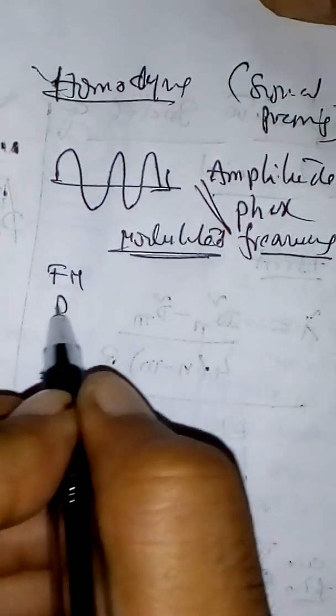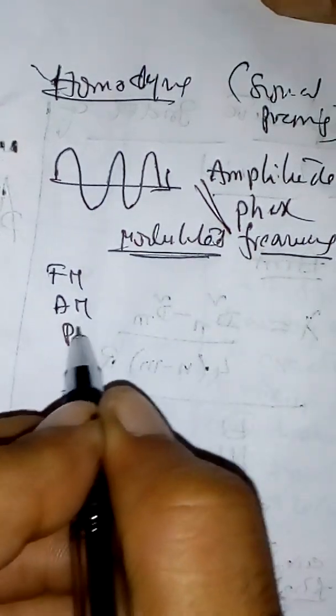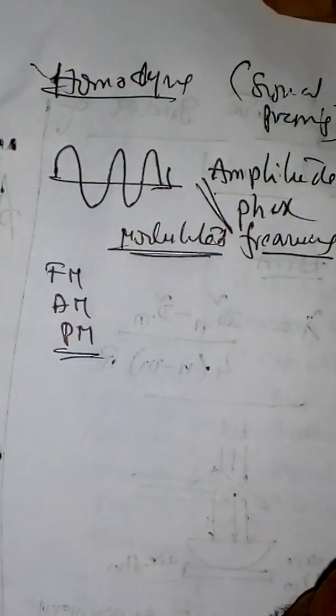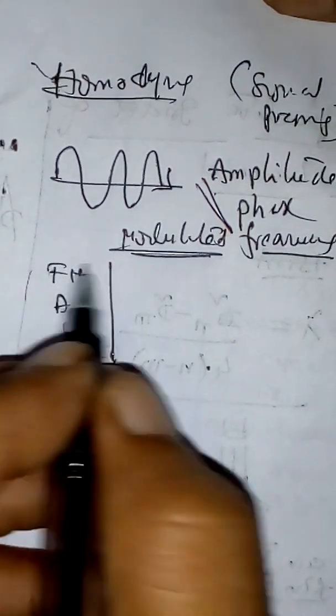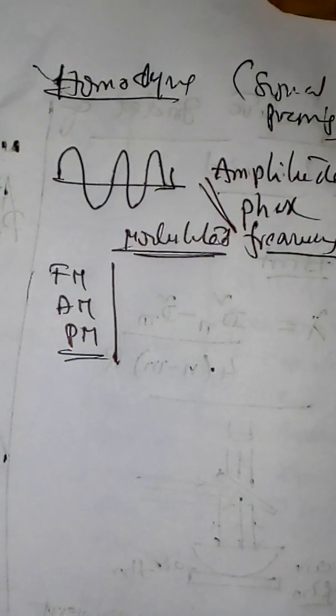You can have frequency modulation, which is called FM. You can have amplitude modulation, which is called AM. You can have phase modulation, which is called PM. So with these modulations, we shall see how to arrive at the homodyne concept.